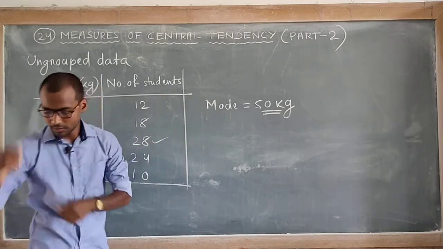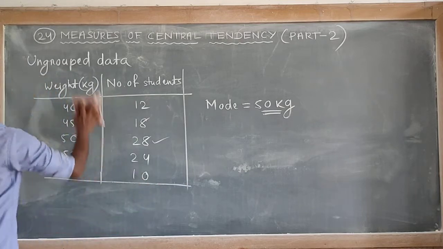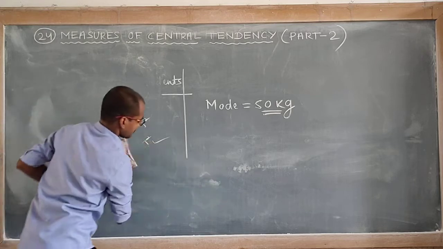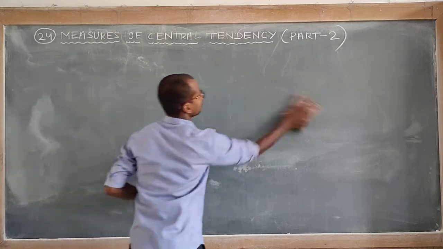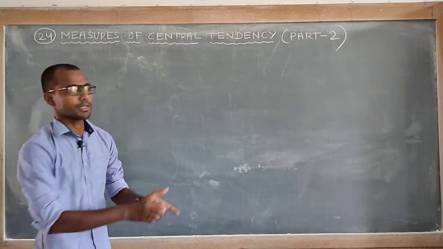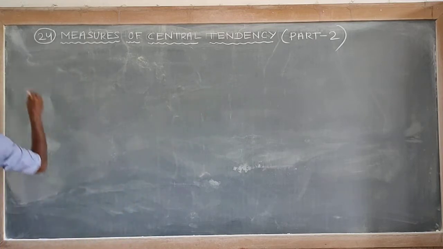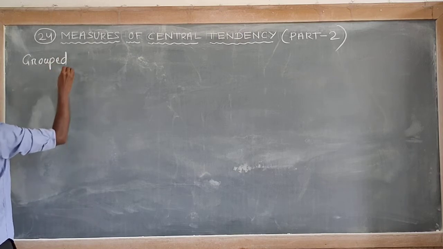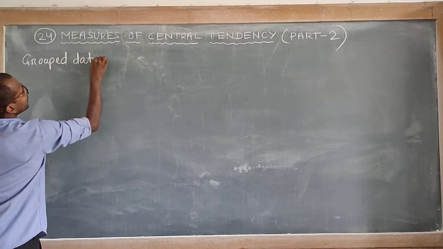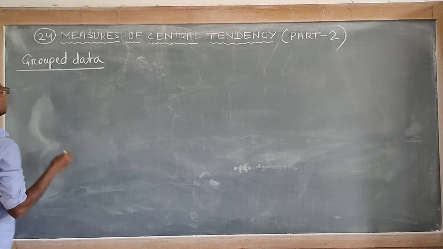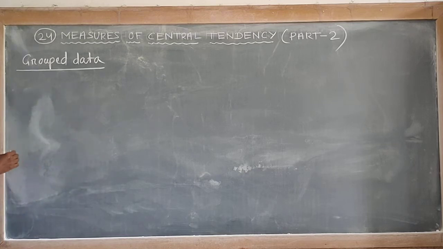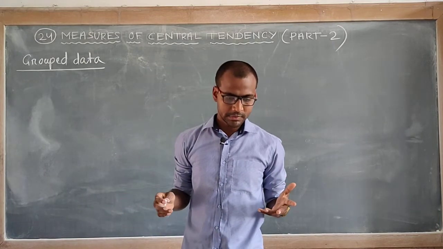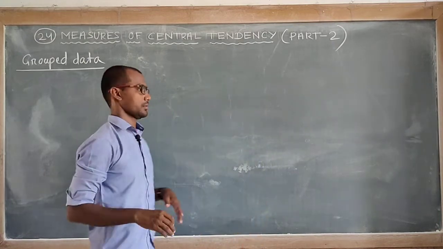Okay. Now let us move to grouped data. Last one, this is grouped data. Suppose now let us take height of children.